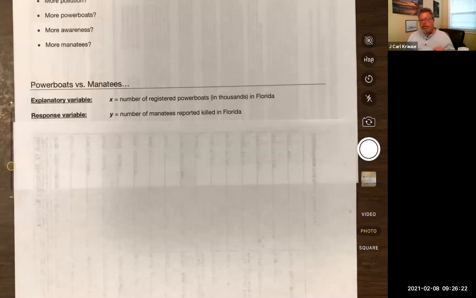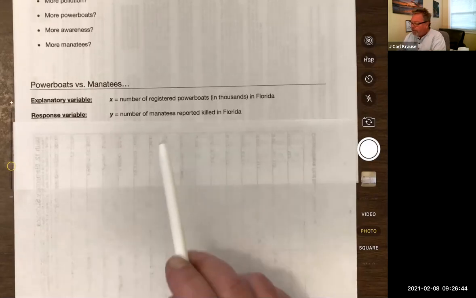The best we could do is go to the Department of Motor Vehicles, or whatever it is in Florida, and look up data on the number of registered power boats. And that's going to allow for some uncertainty to enter into our analysis.